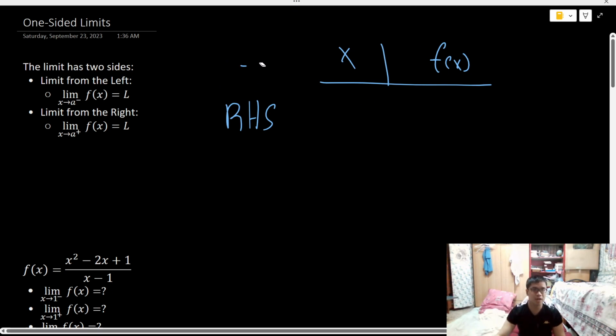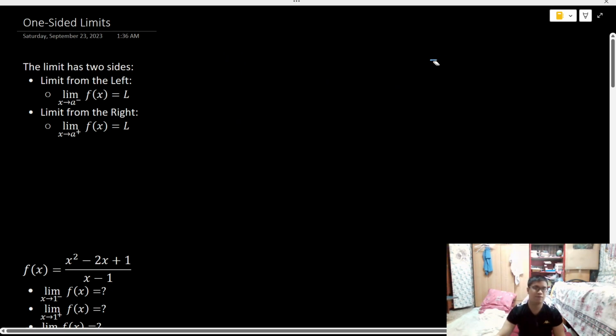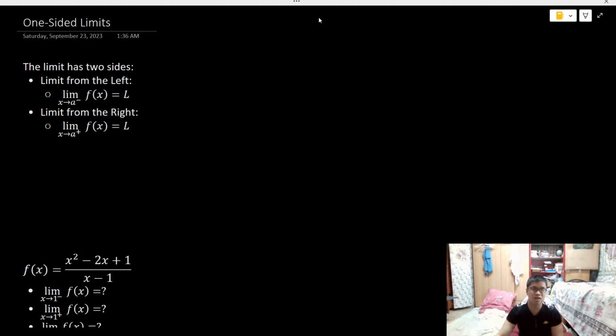So limit has two sides: the left-hand side, or in other words, the limit from the left, and the right-hand side, which is the limit from the right. Take a look at this one. Limit from the left. The limit of f of x as x approaches a, and then it has a negative sign.